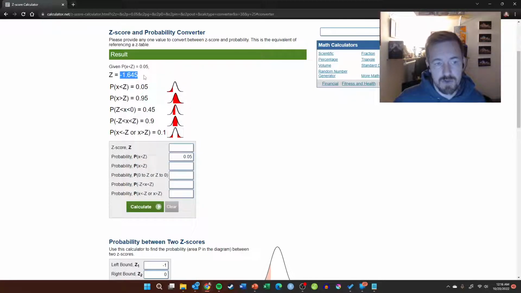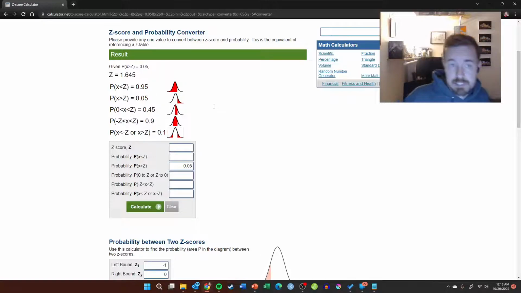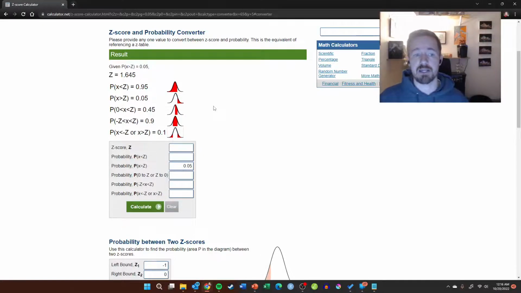I need a z-score of 1.645, and because I'm looking at the lower end, it's negative. If I was plugging that into the higher end up here, you'll see now it's positive, and that's reflected right here. So play around with the Z calculator, because it can help you understand where these Z criticals are.